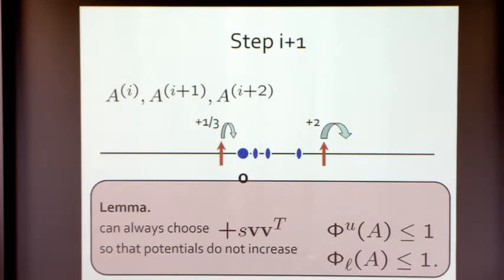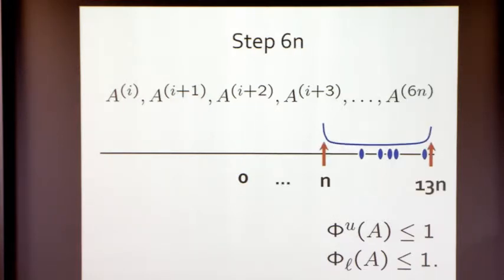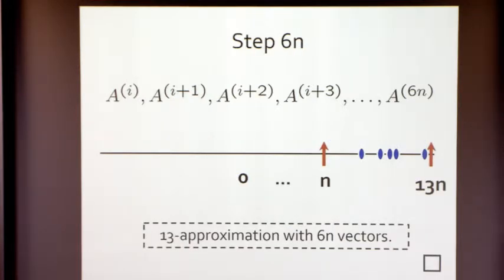So you maintain the invariant that this total repulsion is bounded. And once you can do this, then you can actually implement this argument. So you keep these barrier functions to keep the spectrum away from the barriers, you maintain the stronger invariant, and then this actually works. And every step you can move the lower barrier by a third and the upper by 2.